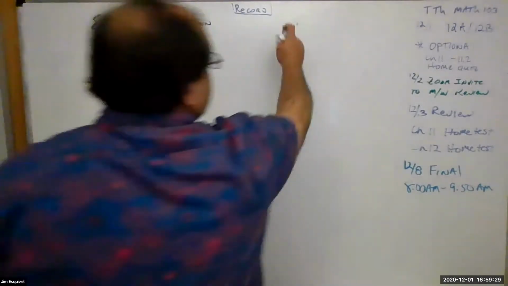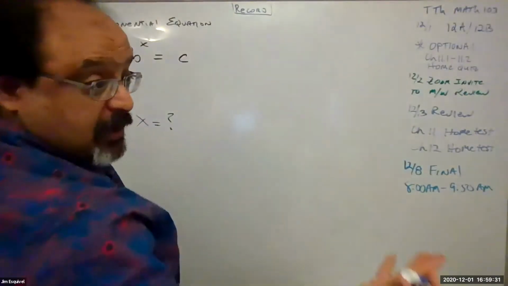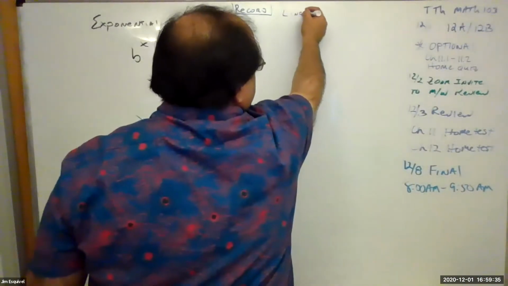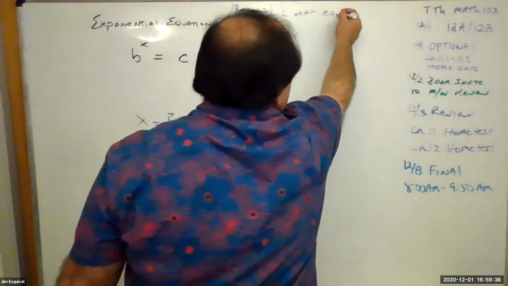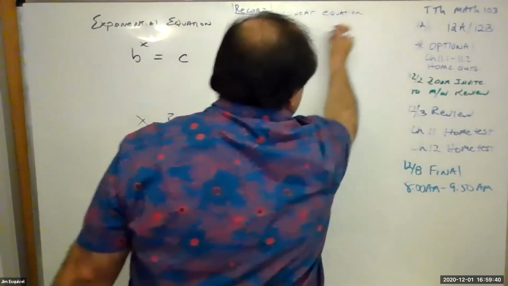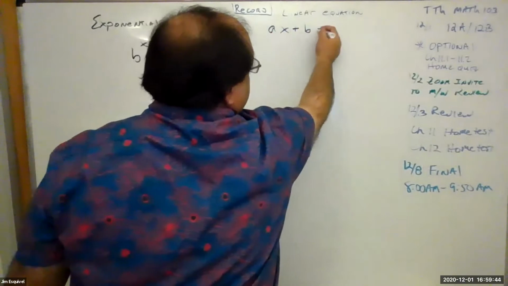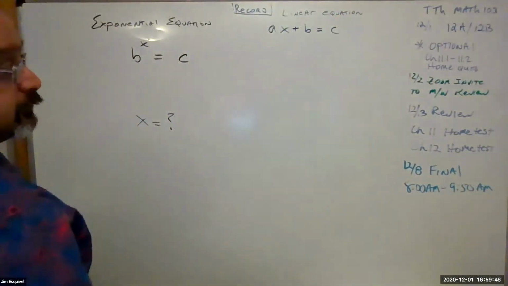This is where we've been. We've solved linear equations. A linear equation looks like a times x plus b equals some number c.